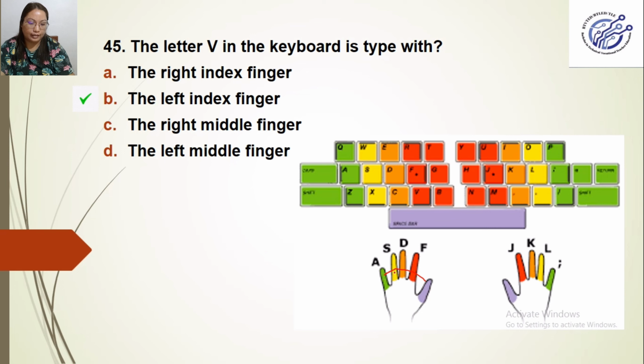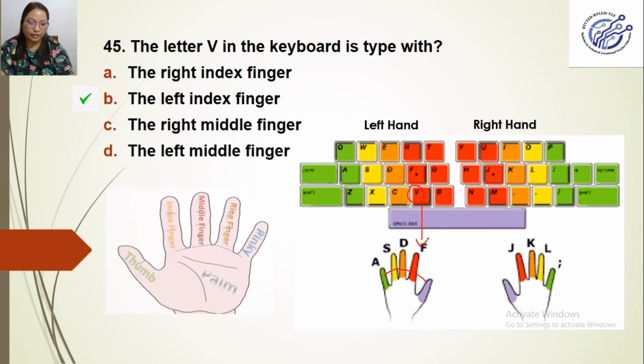So yung ating ring finger is for yellow, middle finger is for orange, then index is for this color, and thumb is for the space. So yan po ang ating left hand saka right hand. So yung tinatanong po dito is si letter V. Yan. So si letter V po, ang ginagamit po niyan is si left index finger.